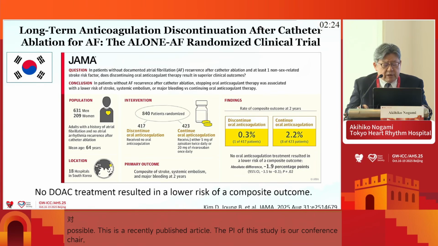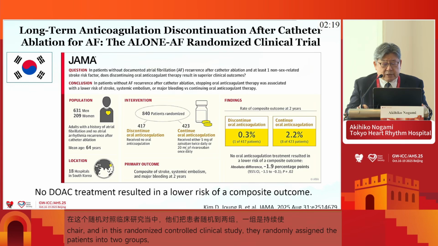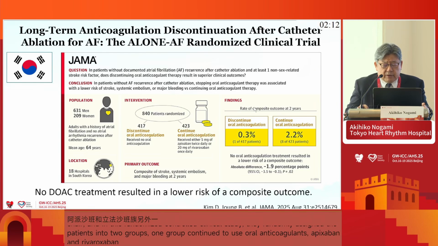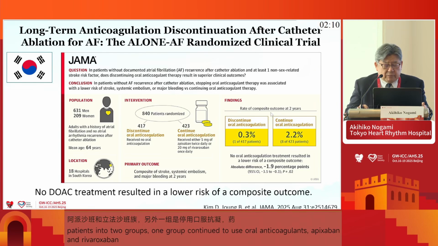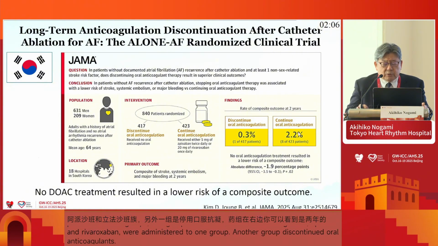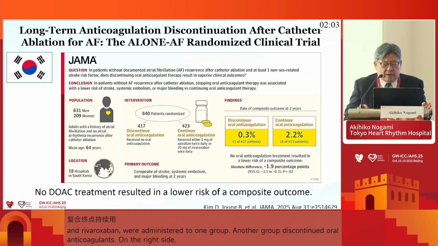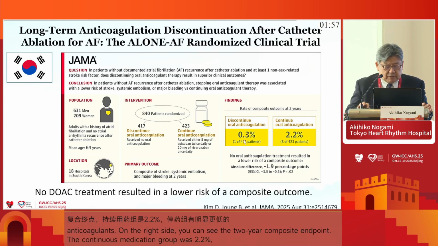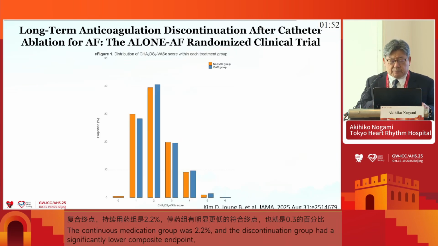One is continuation of oral anticoagulation using apixaban and rivaroxaban, and the other one is the no anticoagulation group. And this is the result. This is the composite outcome at 2 years. The continued oral anticoagulation group has 2.2%, whereas the discontinued group has a significantly lower incidence of the composite outcome, 0.3%. No DOAC treatment resulted in a lower risk of the composite outcome.